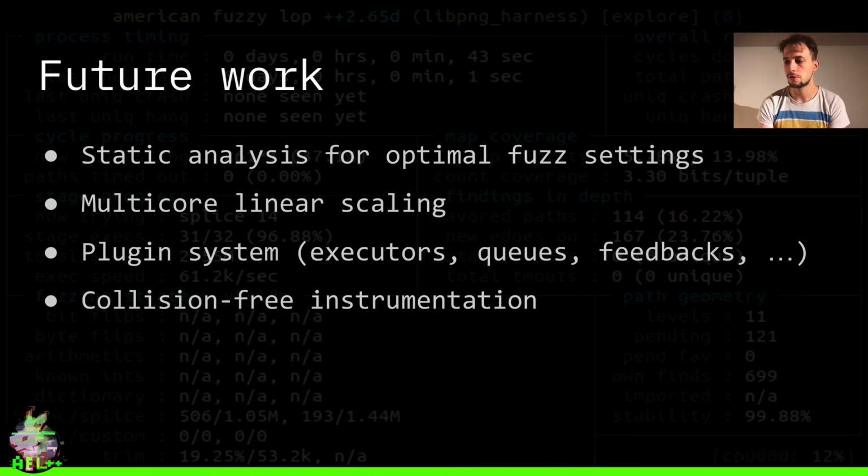Right now you have collisions in AFL++ maps because some of the basic blocks are hashed in a way that the addresses collide, and we can do it completely without collisions in the future. So to wrap this up, I will give back to my colleague Andrea for a quick moment to show you AFL++ in action.